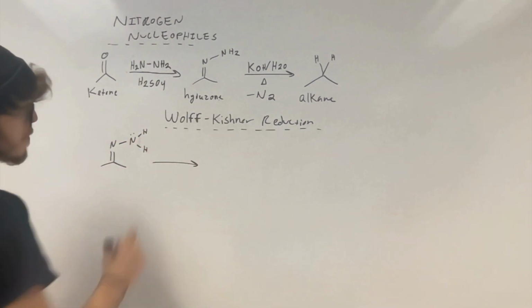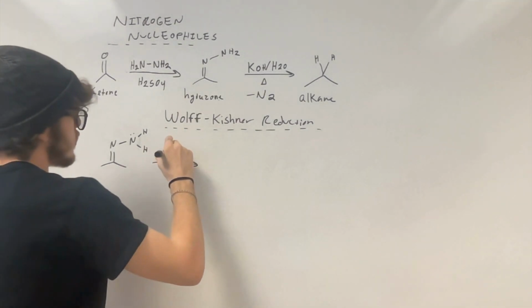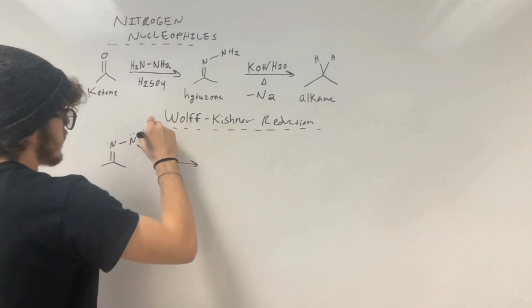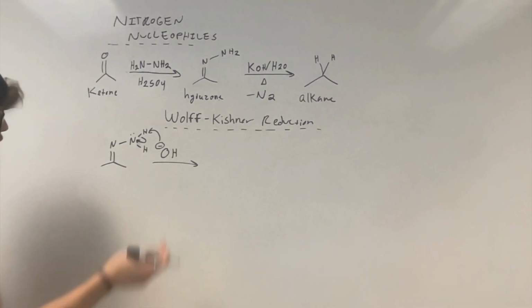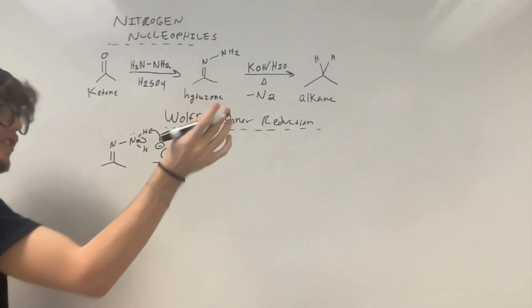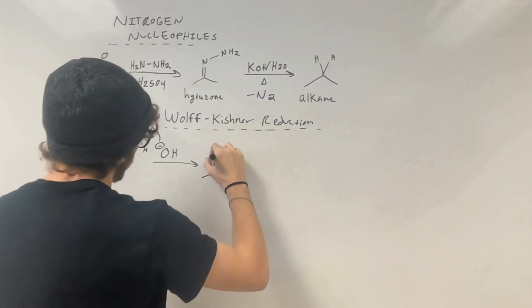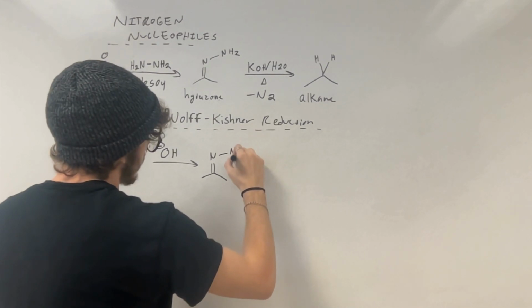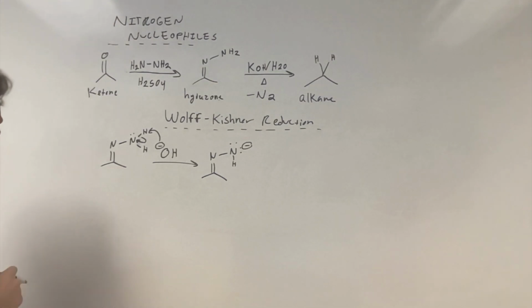Now, what happens first is we're going to take a molecule of hydroxide. We're going to attack a hydrogen. We're going to protonate, or we're going to give electrons to nitrogen. Actually, let's draw the intermediate first. It probably happens all at once, but let's say that it happens like this. So we'll draw H. I have a negative charge on the nitrogen.